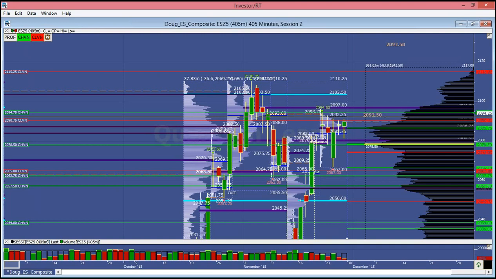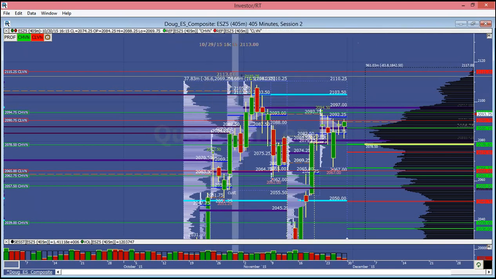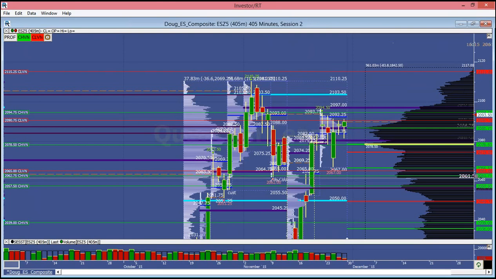And currently we've broken out of the smaller value area at 92.25. The measured move takes us back up to this 97, where we tried to hold after breaking out the last time and making that fractal high at 2110.